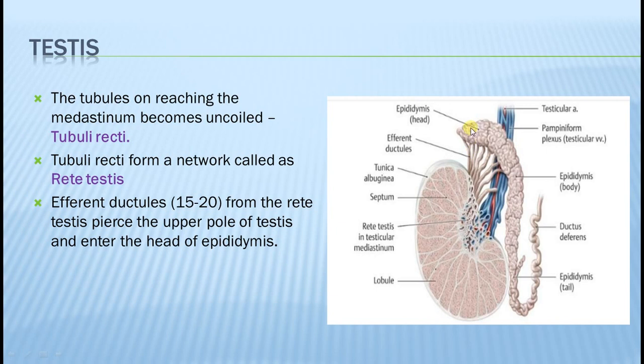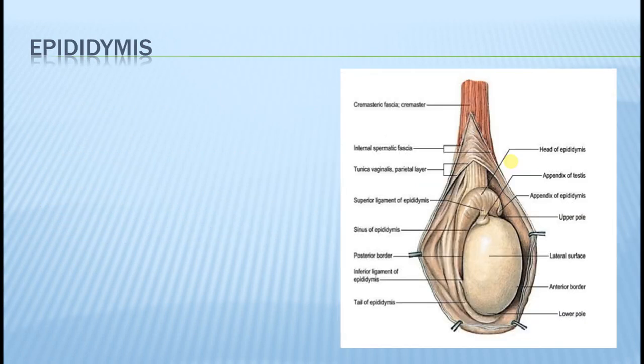So the head of the epididymis is mainly formed by the fusion of these efferent ductules into one single duct, which is very highly coiled. You are able to see the epididymis is nothing but a single epididymal duct which is highly coiled.